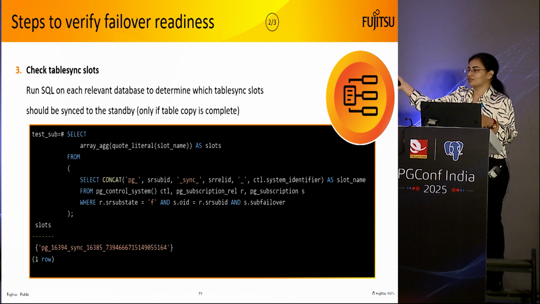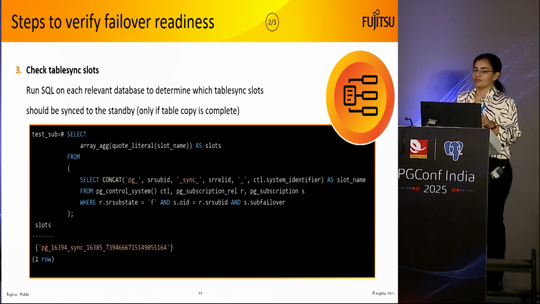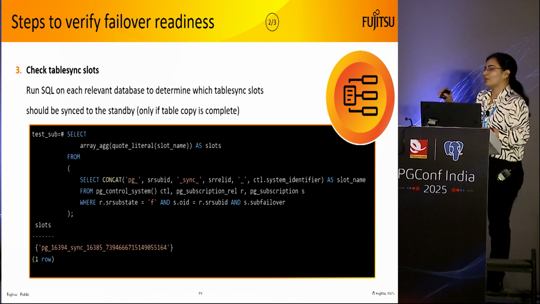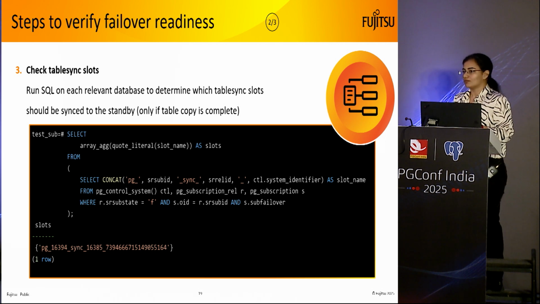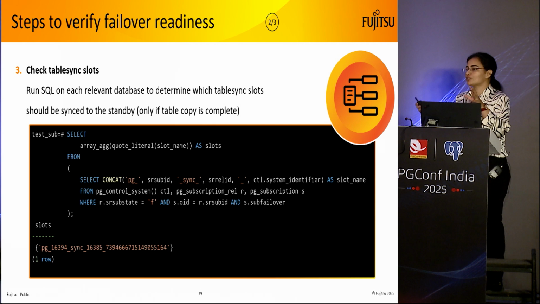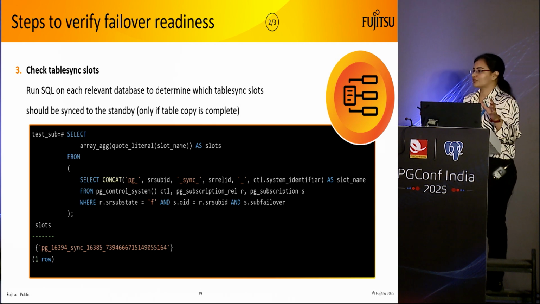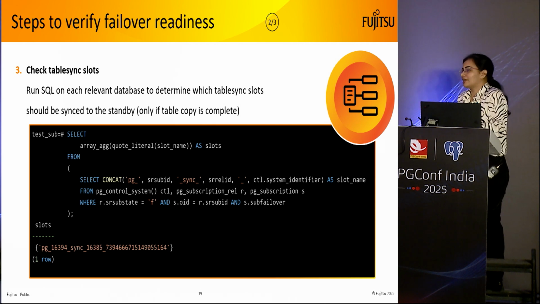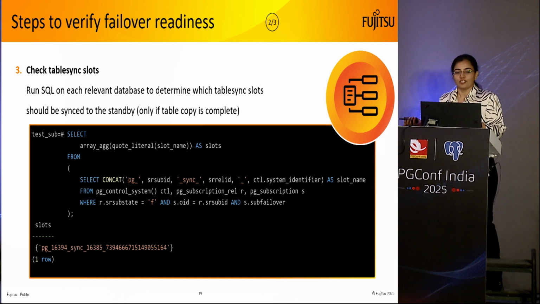But you can just copy paste this query and change whatever is required as per your setup. So, this will give you the list of table sync slots which must be synced before failover. So, now you have a list of all the slots which should be synced on standby before failover happens.